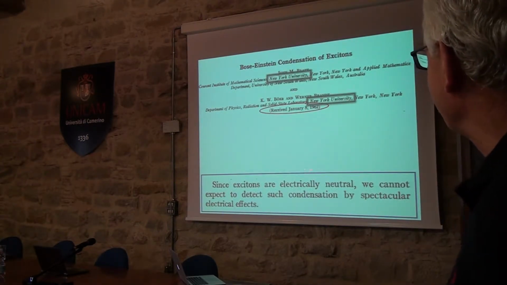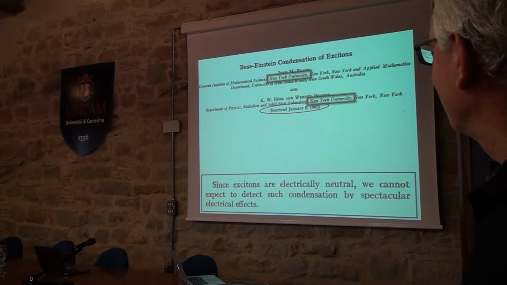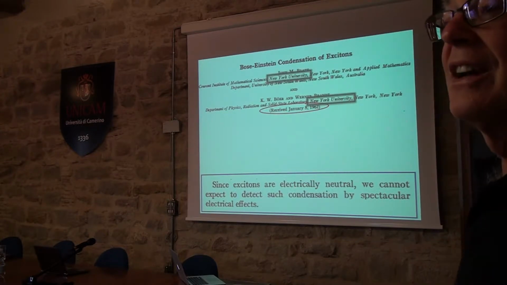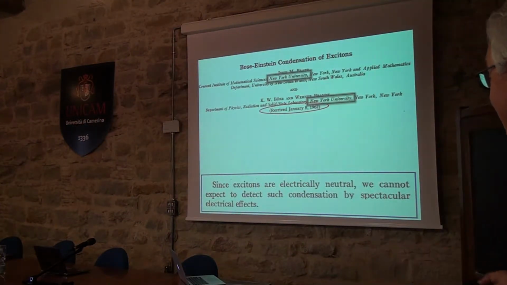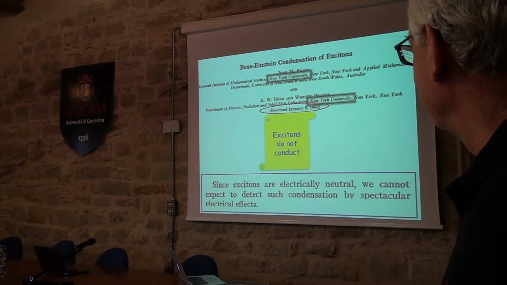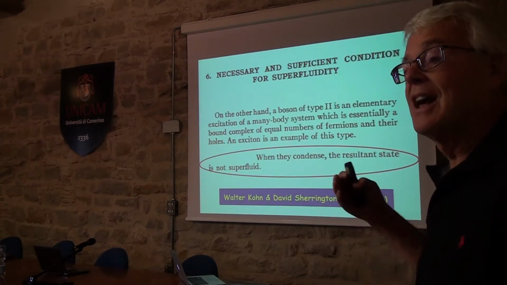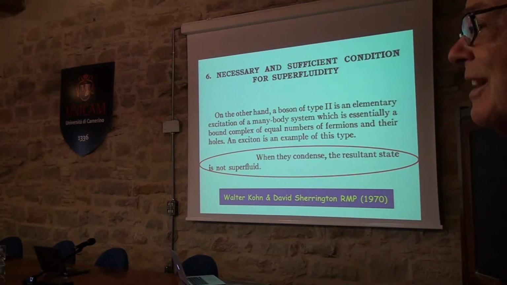One of the things they concluded in the first paragraphs of this paper is that there will be no interesting electrical properties of exciton condensates. And we know now that that's not true. Their argument, of course, was that electron-hole pairs were electrically neutral, so they couldn't carry current.